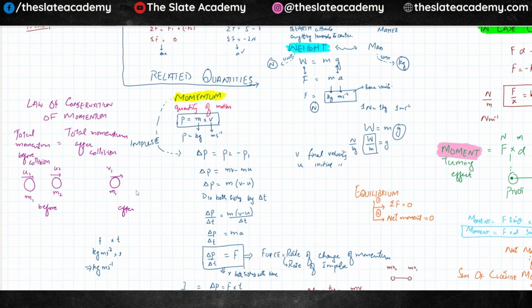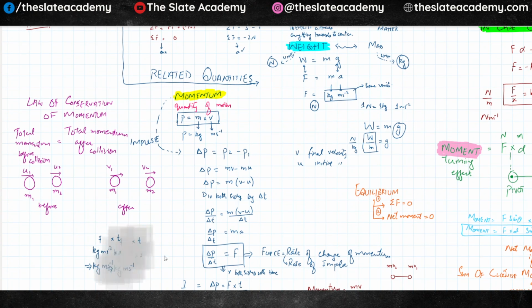Okay, so total momentum before collision would be the sum of momentum for each of the two balls. How do I calculate that?